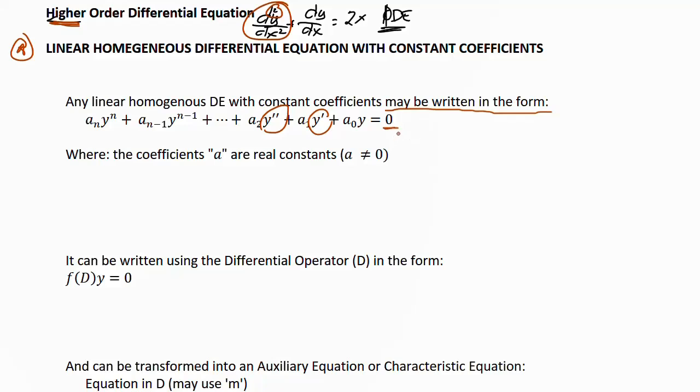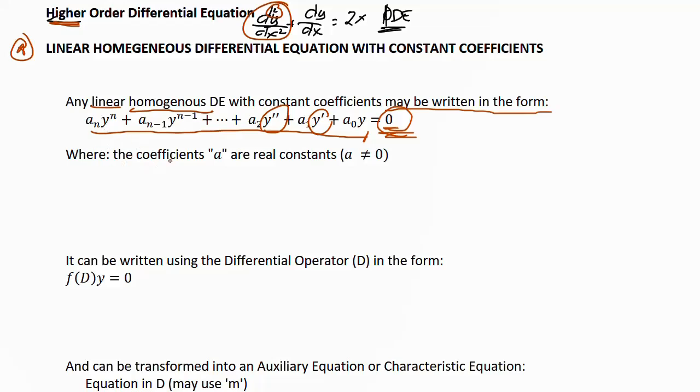So note on this linear homogeneous differential equation, it is a higher order linear DE, and if this higher order linear expression is equal to 0, then it is said to be homogeneous.